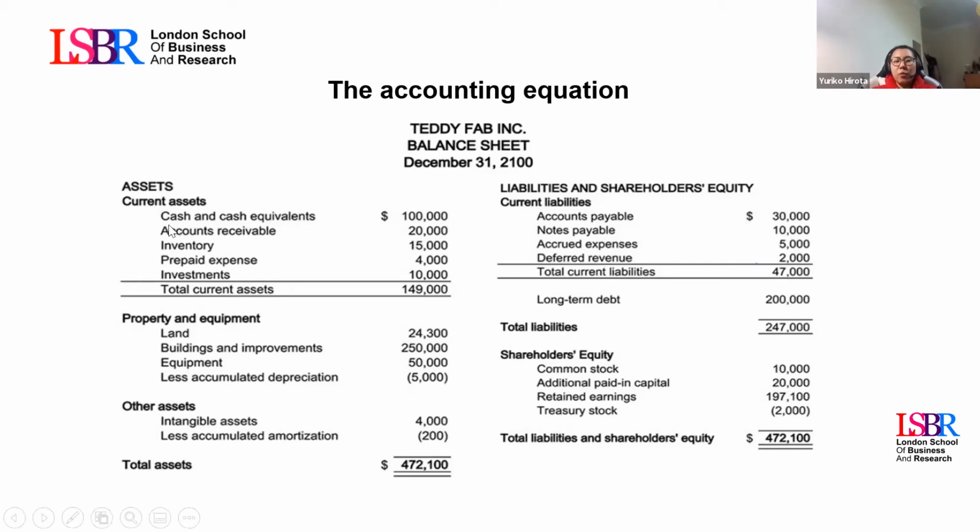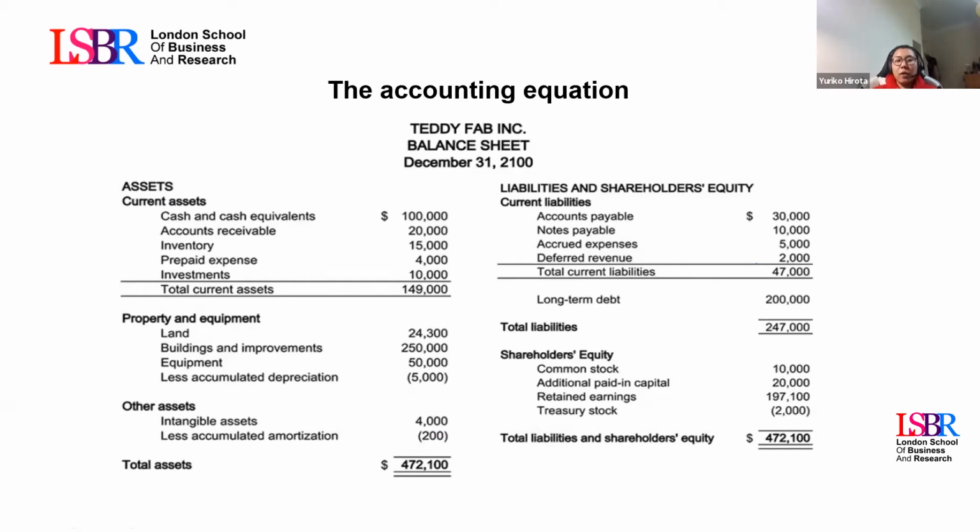If you affect cash and cash equivalents, you need to affect another section in the balance sheet in order to keep these totals equal. This is the double entry system. If you affect something in the balance sheet, you need to affect the other part.